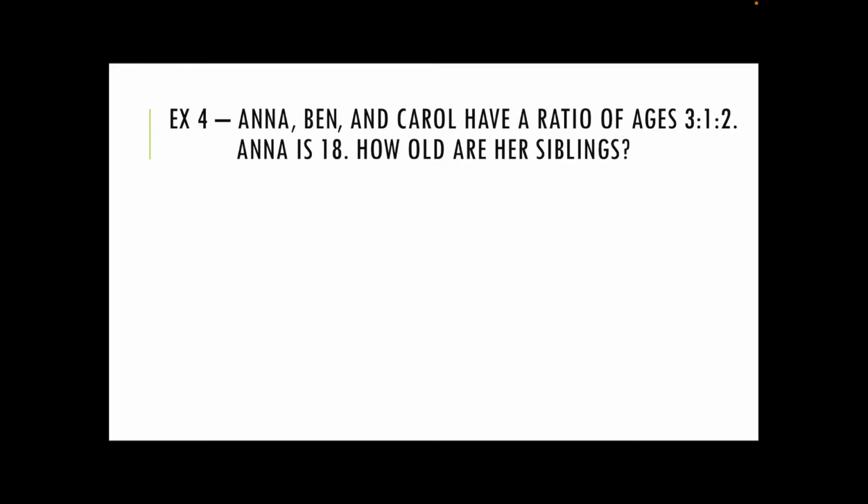Example number 4, Anna, Ben and Carol have a ratio of ages of 3 to 1 to 2. So Anna, Ben and Carol, 3 to 1 to 2. And we're told that Anna is 18. So this time I'm thinking, how many 3s are going to give me 18? Hopefully we should all know our times tables enough to work out that it's 6. So I need to multiply everything else by 6 to get the right ratio.